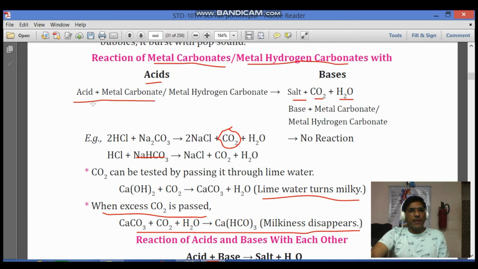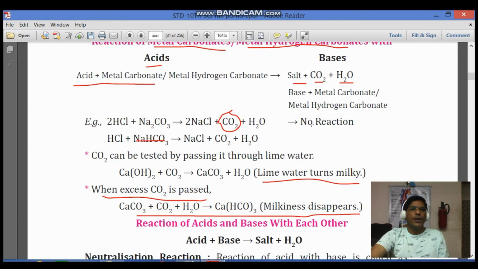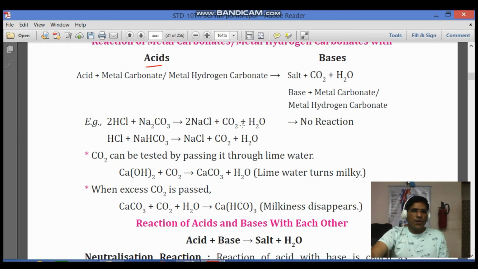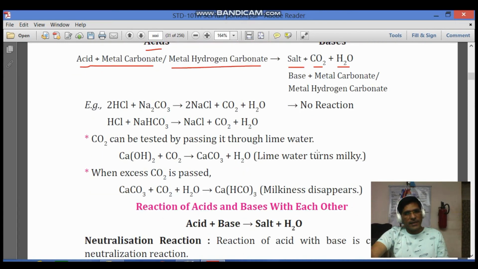So when acid reacts with metal carbonate or metal hydrogen carbonate, it gives salt, carbon dioxide and H2O. Now base with metal carbonate or metal hydrogen carbonate, no reaction. You have to remember that, as mostly it is not properly given in your text. So our concept is: acid with metal carbonate or metal hydrogen carbonate gives salt, water and carbon dioxide gas.